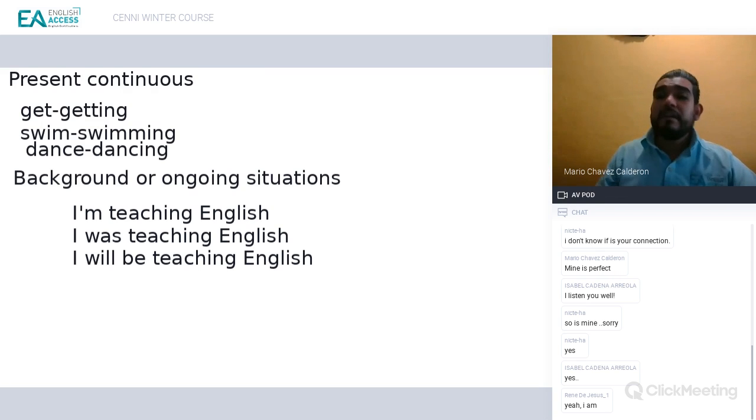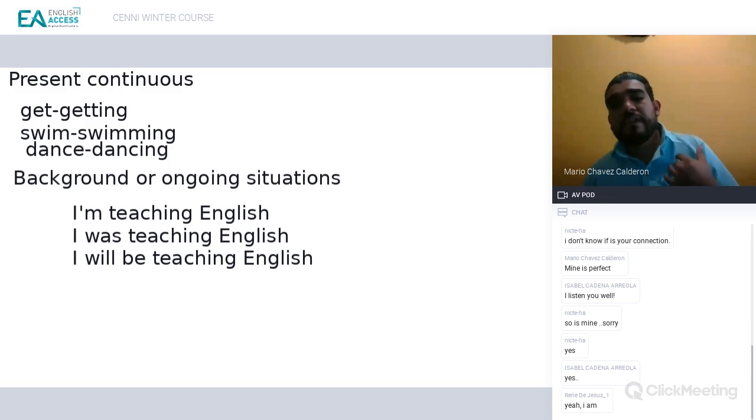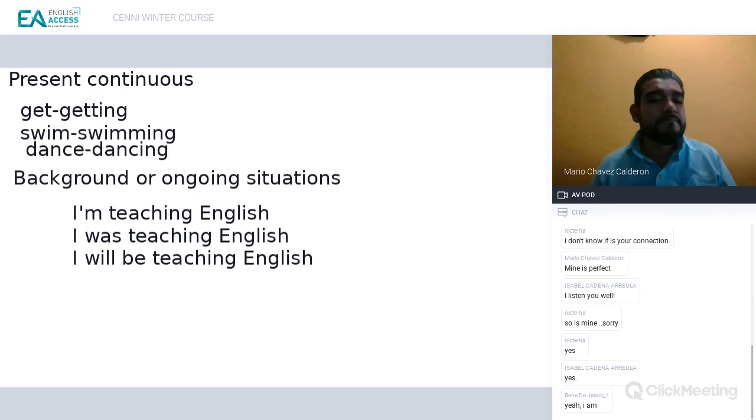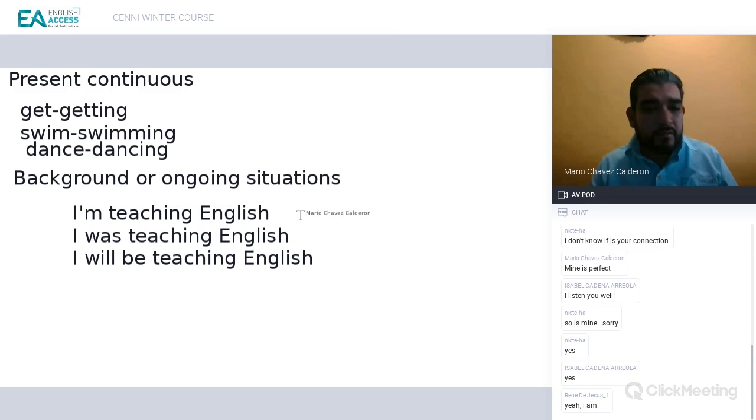Is it possible? Yes, it is possible. It is possible because it depends on the function. If you say I'm going to be teaching English next year and it is your intention, well, then you can say it. But usually this is the way things work.